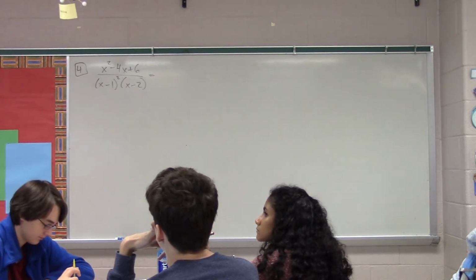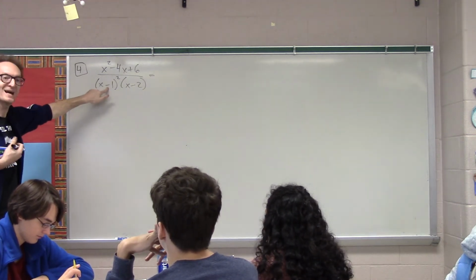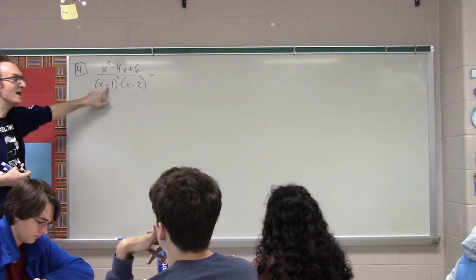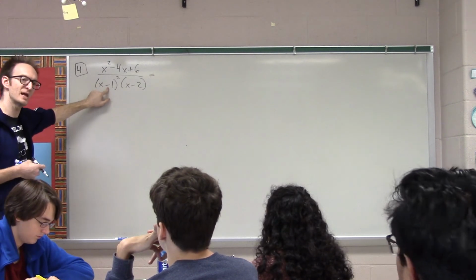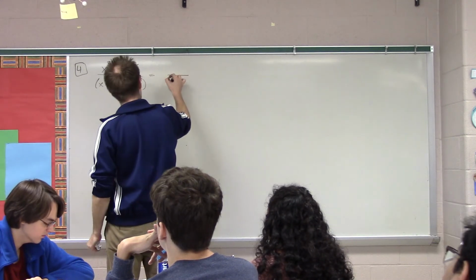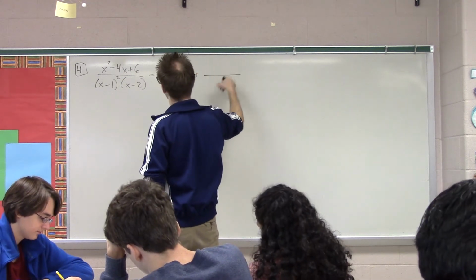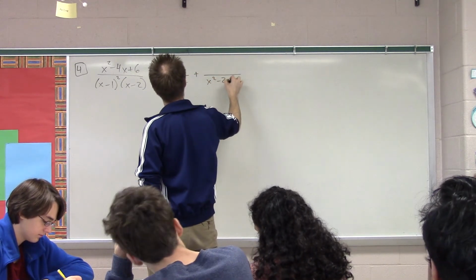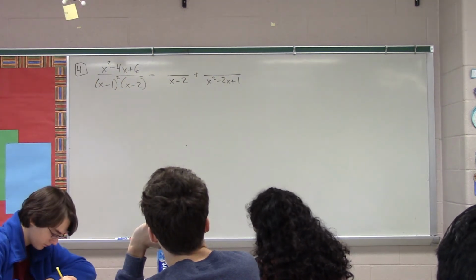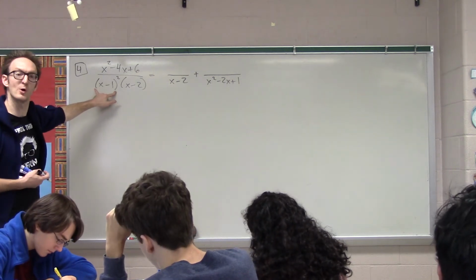Our first approach to doing this problem is we are going to ignore the fact that this is a perfect square trinomial quadratic, and we're just going to treat it like it's a plain old boring quadratic. In other words, let's split this up into some number of x minus 2's plus some number of x squared minus 2x plus 1's. What I mean by that is let's temporarily pretend like there's nothing special going on here at all.